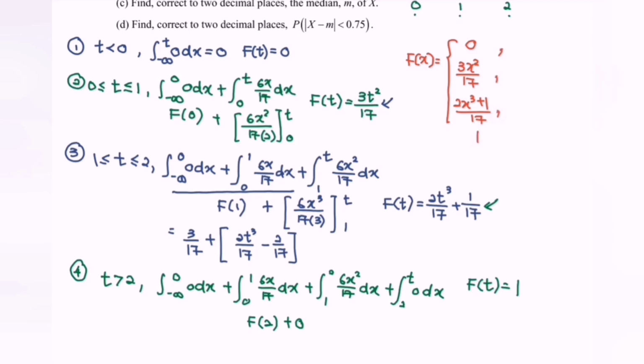Kindly state the domain, where we have x less than 0. For the second function, x is greater than or equal to 0 and less than or equal to 1. The third one is x greater than or equal to 1 and less than or equal to 2. For the final one, x is greater than 2. So here we have the cumulative distribution function.